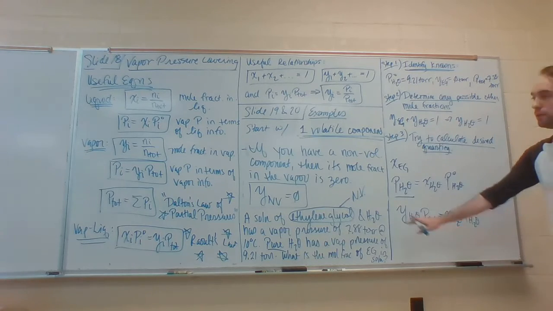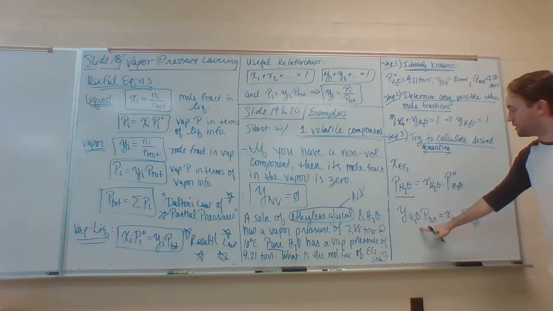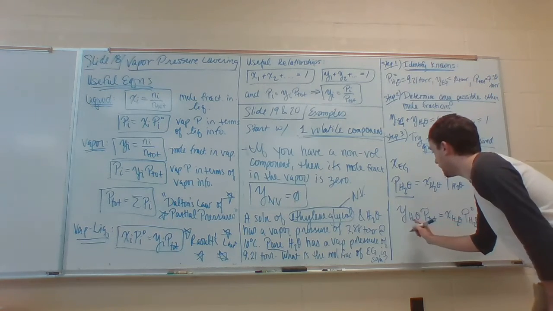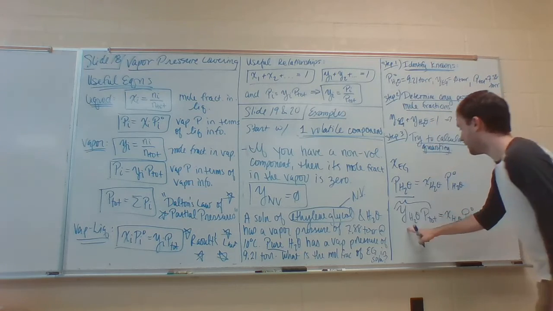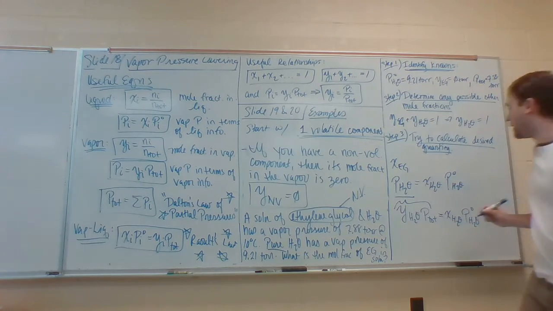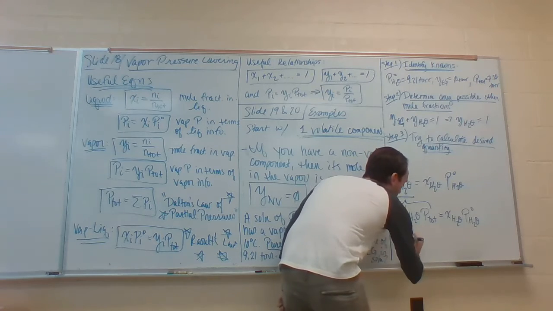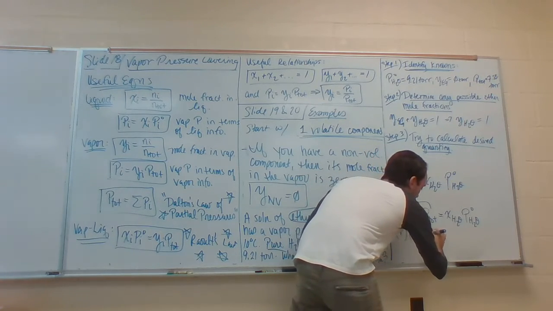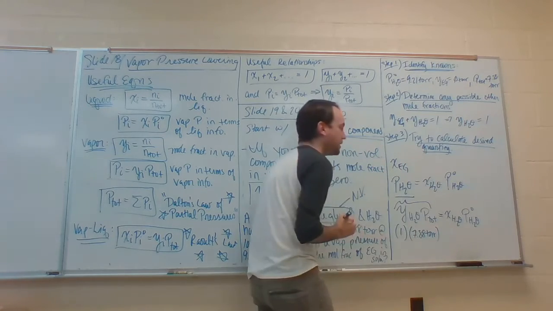That's Raoult's law. We know this Y is 1. We know that our P total is 7.88. So that means that all of that has to be our 7.88. Another way to do that is 1 times 7.88 torr is the left-hand side.